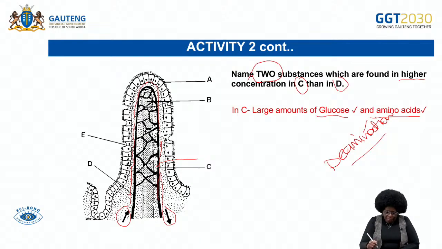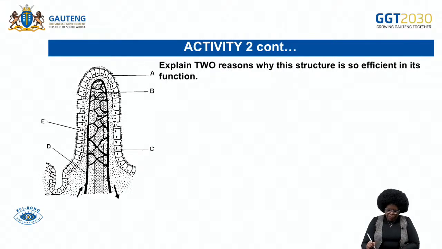And now, let us look at another question. The next question here is, explain 2 reasons why this structure is so efficient in its function.